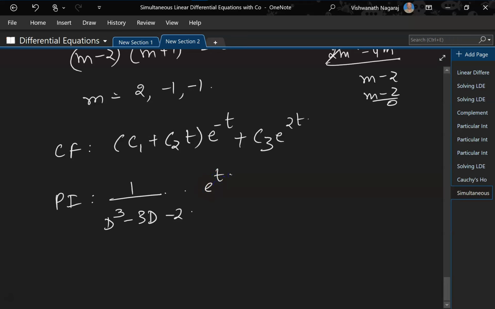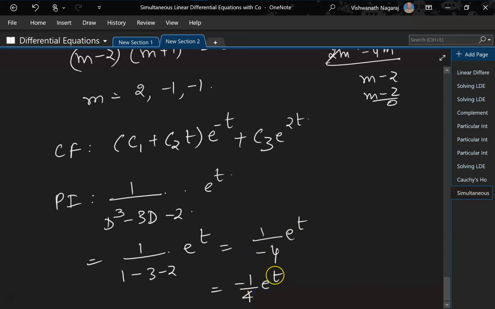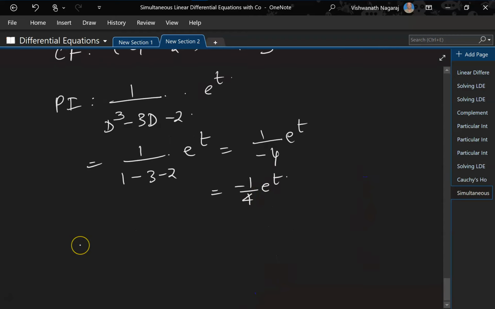Now d is going to be 1, so let's do the substitution. 1 cube minus 3 minus 2 is 1 minus 5, that is minus 4, so it is minus 1 by 4 e to the power of t.